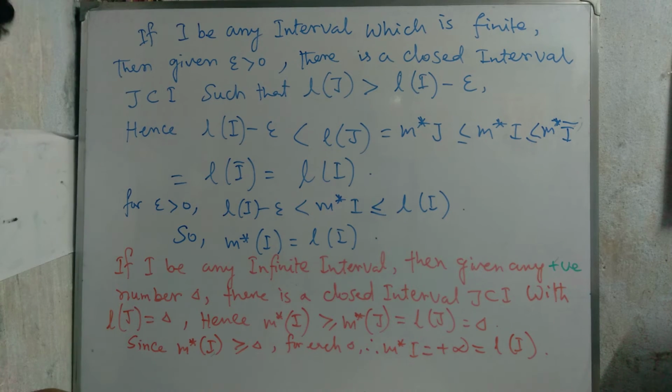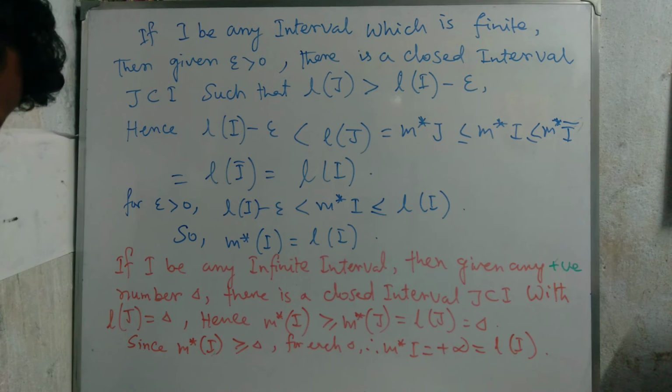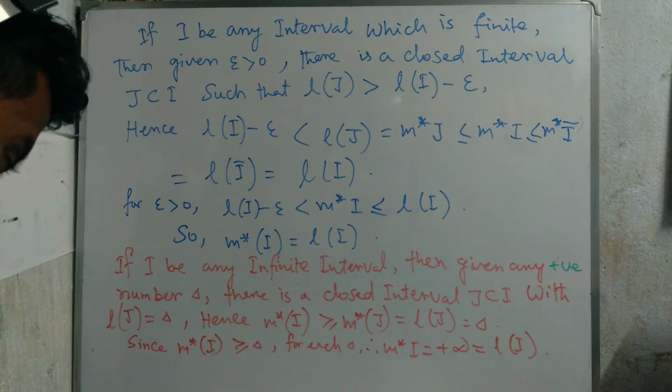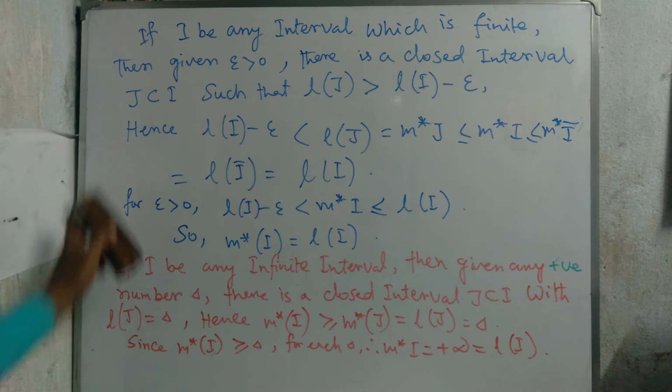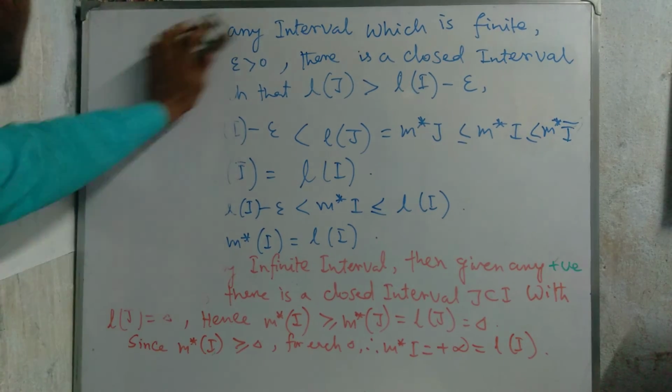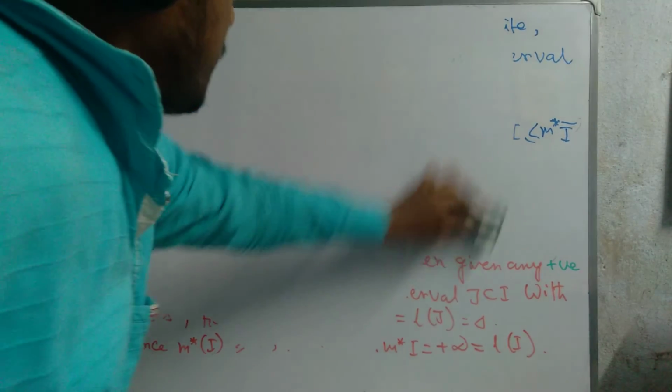Now we also prove some lemma. Well, let me erase that portion now. This lemma tells us that if m star E is 0, then E is measurable.